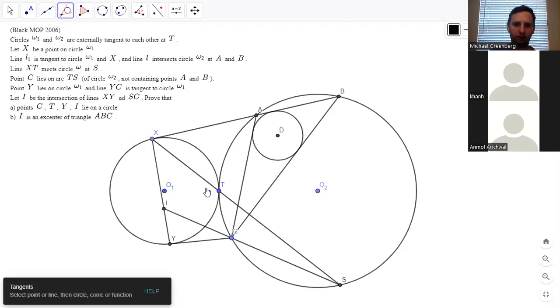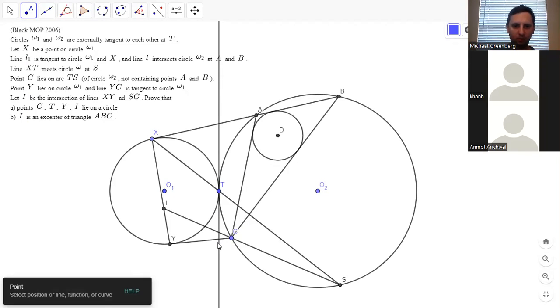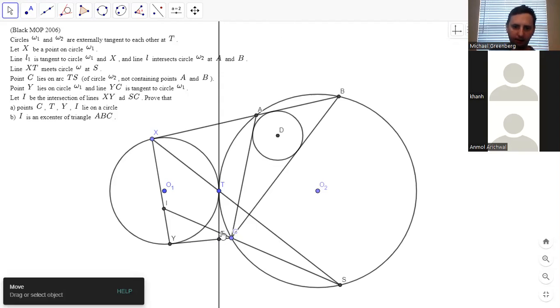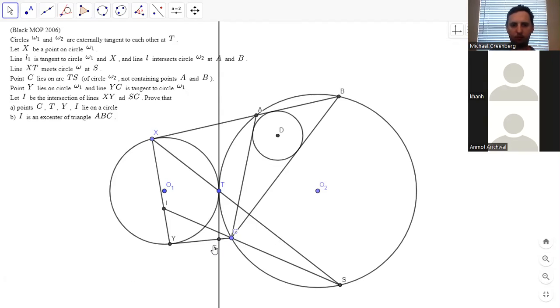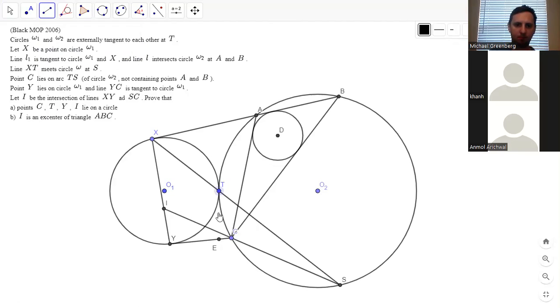Okay. So it'd be ITE plus ETC. How do you find ITE though? Oh, try using YIC instead.